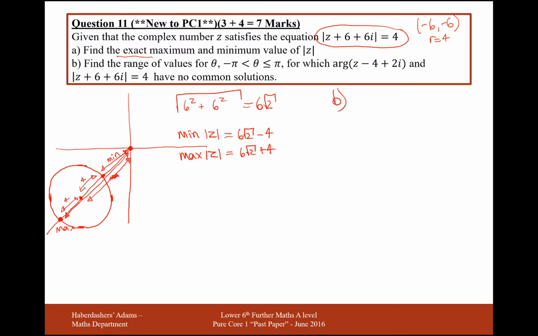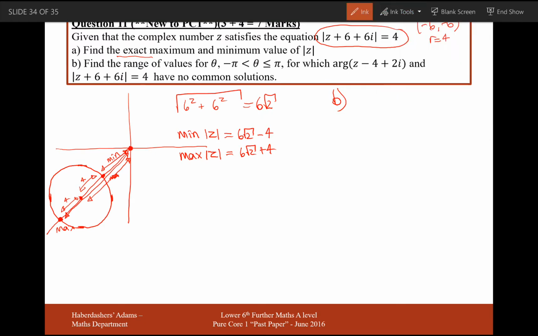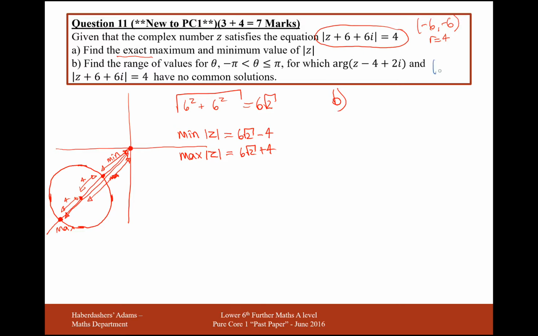Okay then, part B. I'm going to do most of part B in blue. What it's looking for is the exact range from minus pi up to pi potentially, but I'm going to find the values for theta for which the argument from the coordinate 4, -2 does not collide, no common solutions, with my circle here.